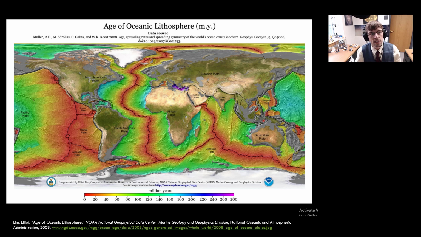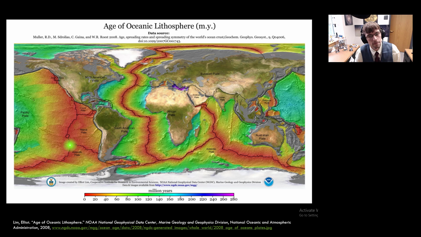The newest material is at the Atlantic Ridge, or just off the coast of California, which is incidentally the San Andreas Fault, the location where the plates are separating, and all the way down into the South Pacific Ocean.